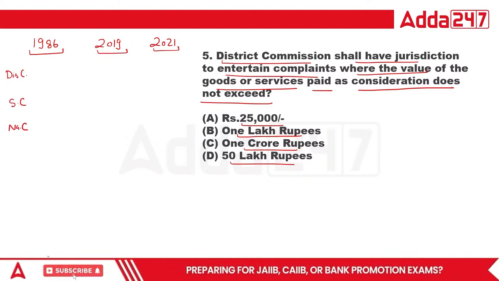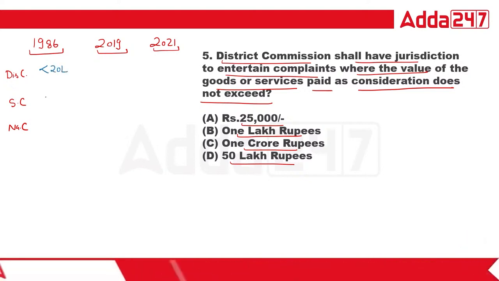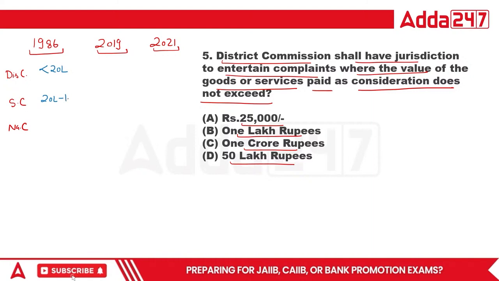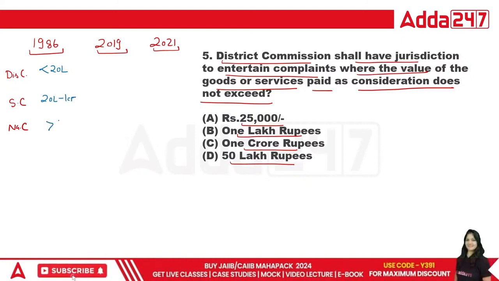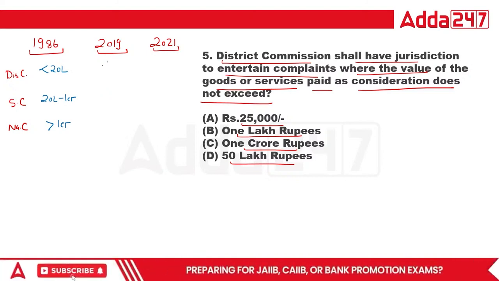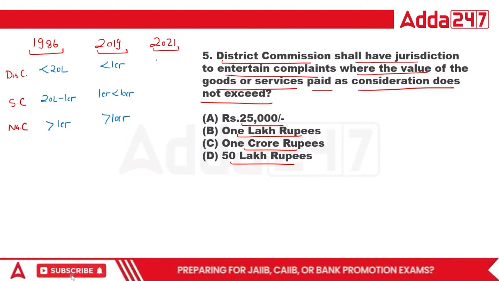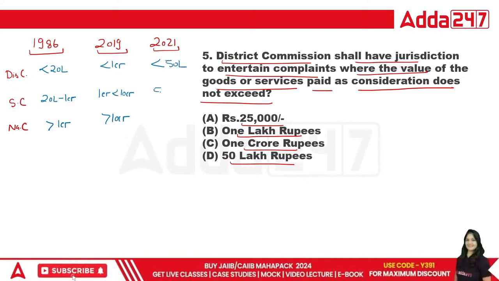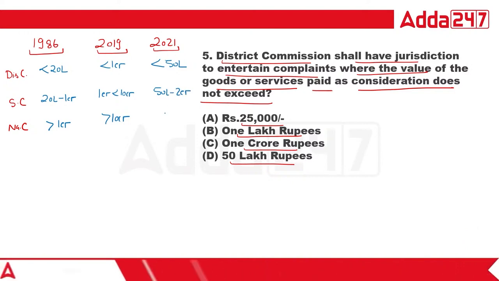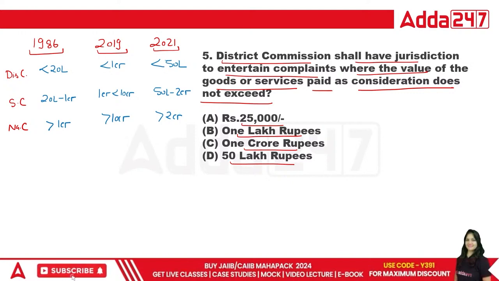In 1986 the district commission was up to 20 lakh, 20 lakh to 1 crore for state, and national above 1 crore. In 2019 it was up to 1 crore, 1 crore to 10 crore, and above 10 crore. In 2021 up to 50 lakh, 50 lakh to 2 crore, and above 2 crore. So this is your jurisdiction. Okay, guys, this is your jurisdiction.